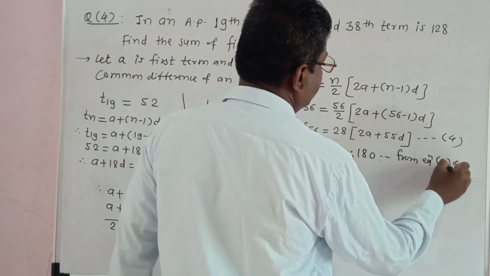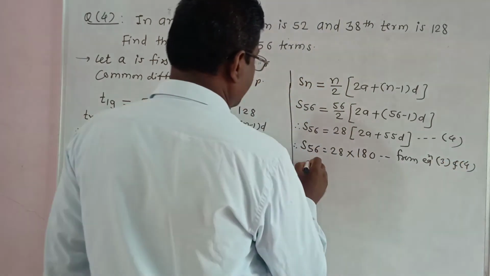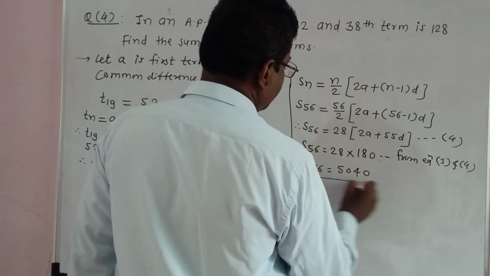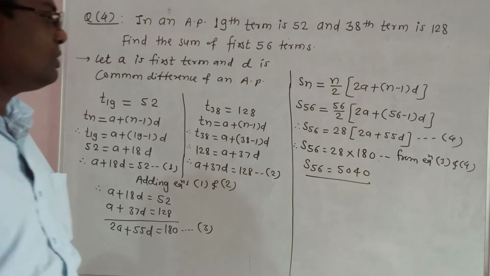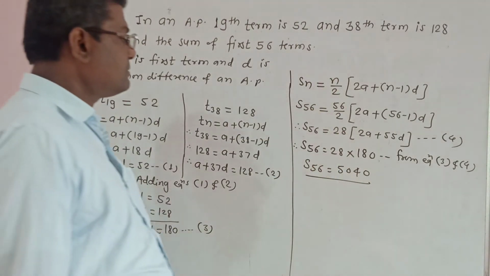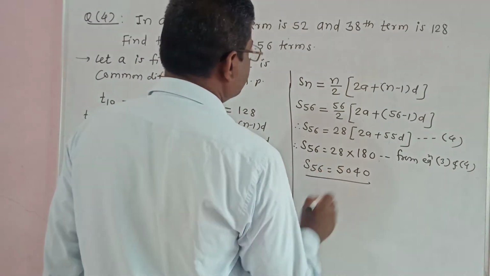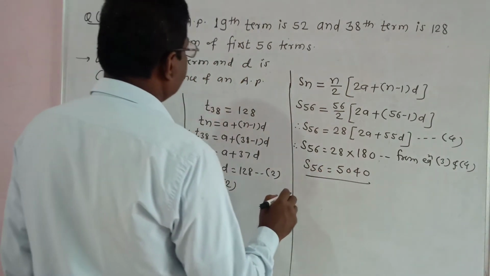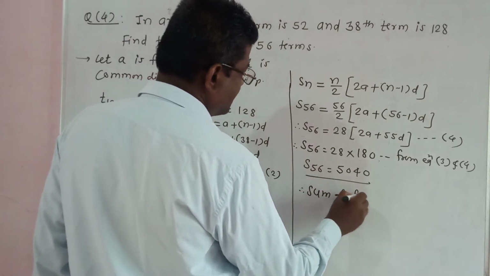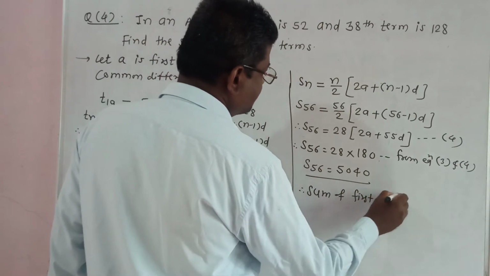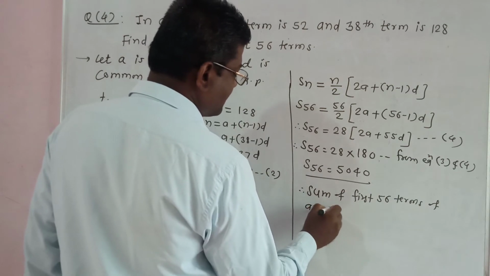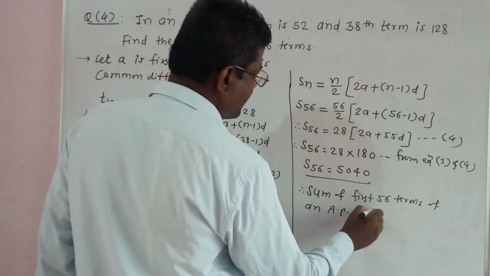So multiplication of 28 into 180 will be 5040. So our answer is: the sum of first 56 terms of an AP is equal to 5040.